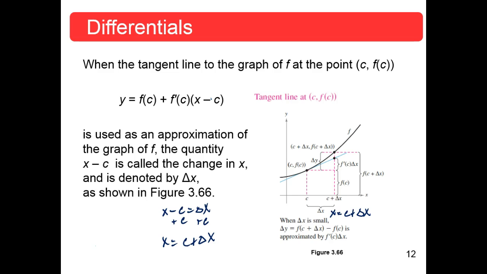When delta x is small, the f of c plus delta x, okay? Here's f of c plus delta x up here, okay? Minus f of c, okay? That's that, okay?